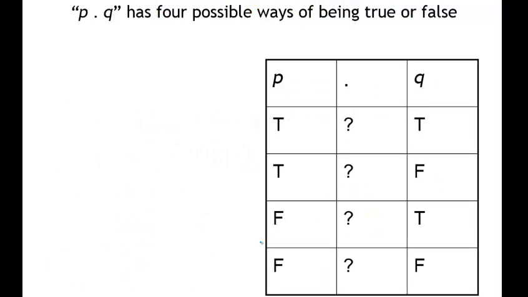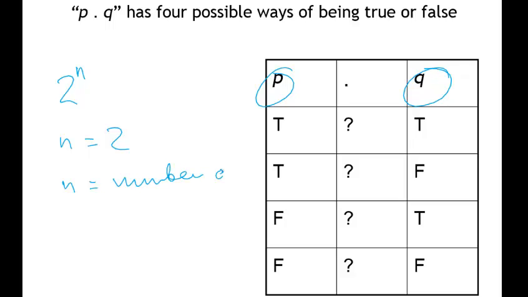Okay, so now we know that P and Q has 4 possible ways of being true or false. P, Q, those 2 declarative sentences, can be true or false together in 4 ways. Why? Well, we know that the set of possible configurations is 2 to the n, where here n is 2, the number of declarative sentences.